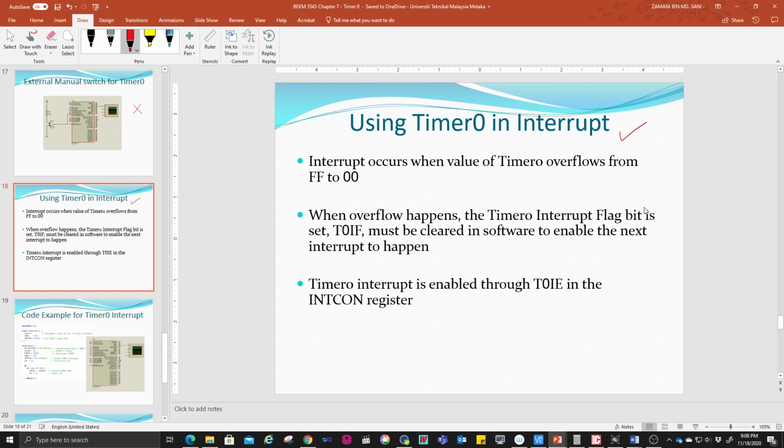Okay, so how to use this one in interrupt? An interrupt occurs when the value of timer 0 overflows from FF, which is 1, 1, 1, 1, 1, 1, 1, 1, back to 0. By default, when you start a program without doing anything, your timer 0 is equivalent to 0.